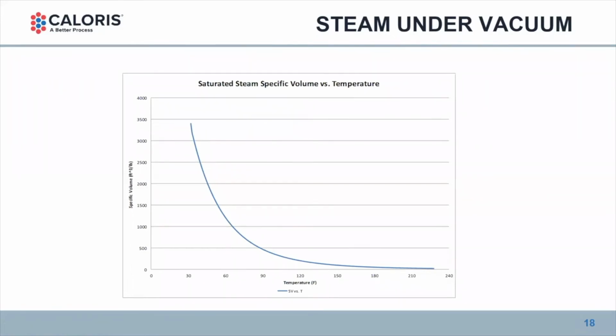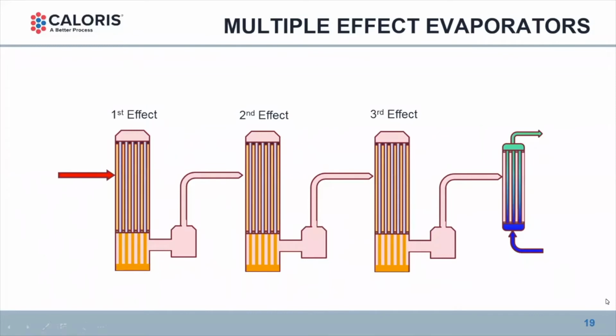And how that can affect us in evaporators is in multiple ways. In a multiple effect evaporator, a 3-effect evaporator being shown here, we're bringing a steam source into our first effect, evaporating some water vapor from our product, which becomes the heating vapors in our second effect.